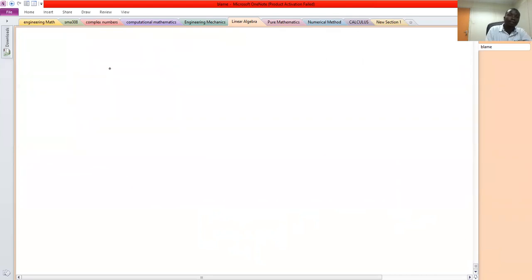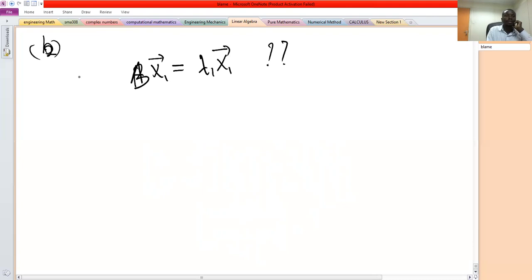Part B. So we have x1, so we have to check that A x1 is equal to lambda 1 x1. So this is what we need to check. The matrix was given as B. So this is part B. So B matrix is 1, 0, 0, negative 2, 0, 1, 1, 0, 1.